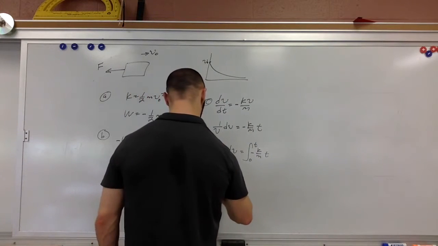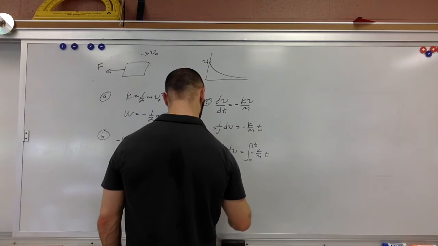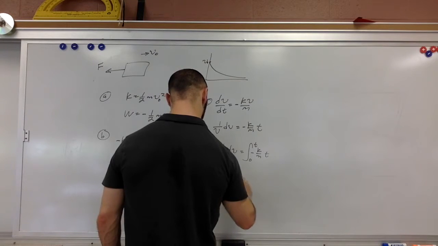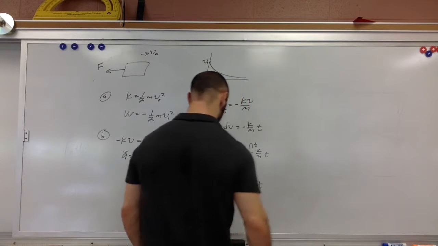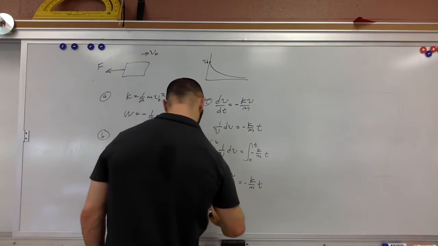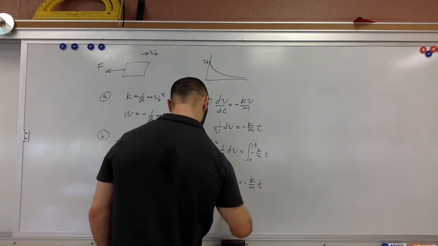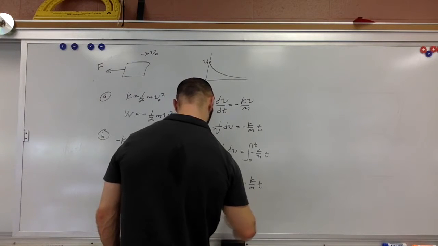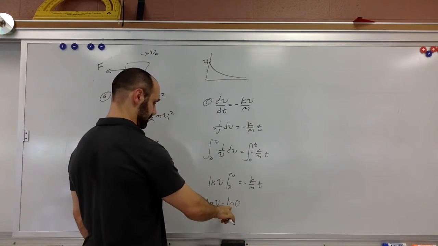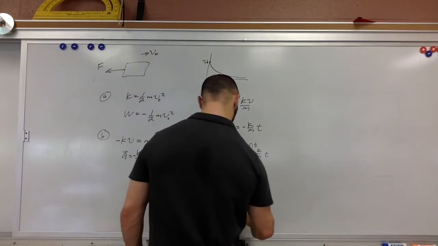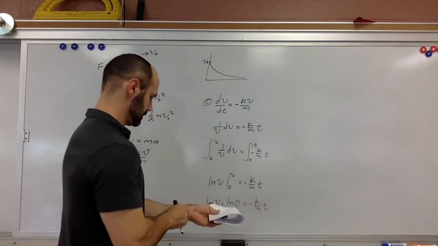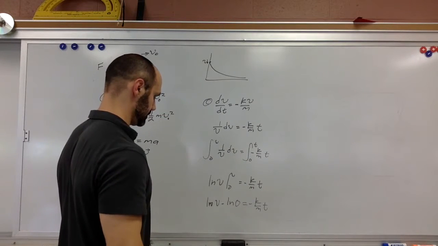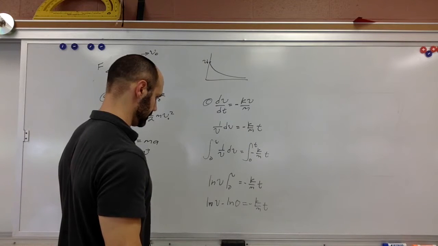This becomes natural log of v from 0 to v, and this is negative k over m t. When I put in, this becomes natural log of v minus natural log of 0.